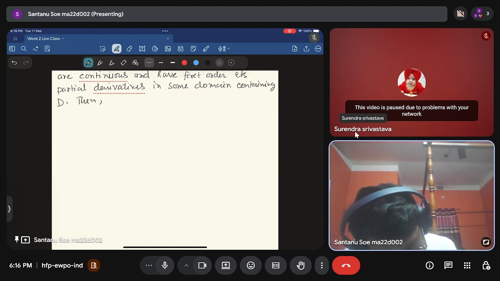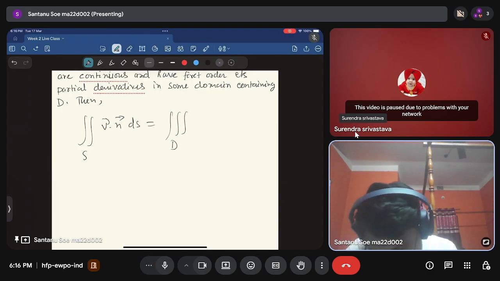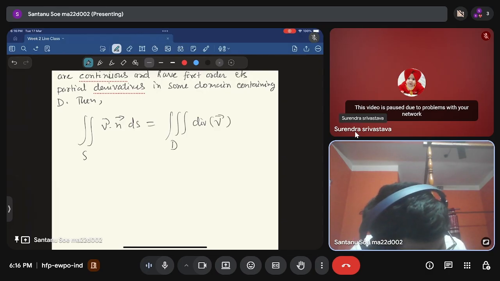then the surface integration is changed into a volume integration over the region D, where you take the divergence, dx dy dz.